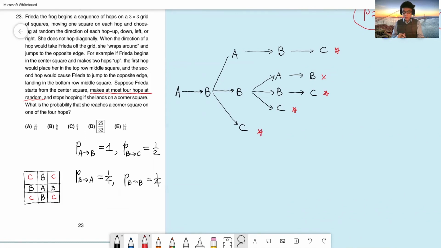So from this structure, we see there are four cases that provide the possible paths. 1, 2, 3, 4, and let's add all this probability.